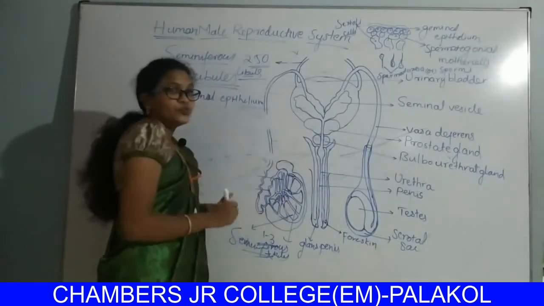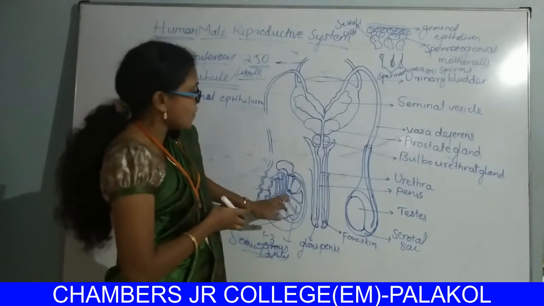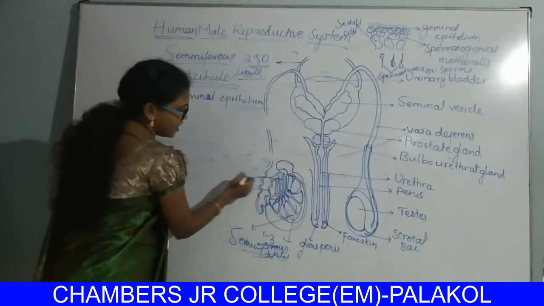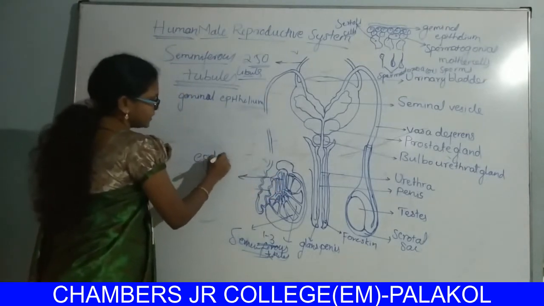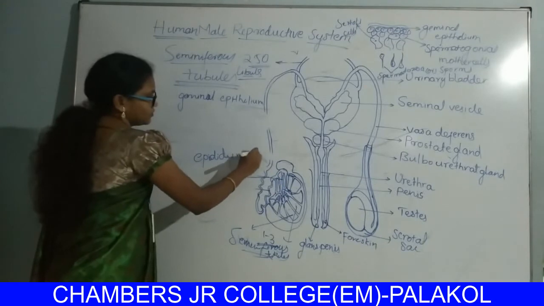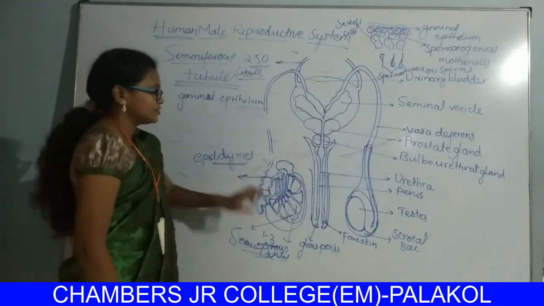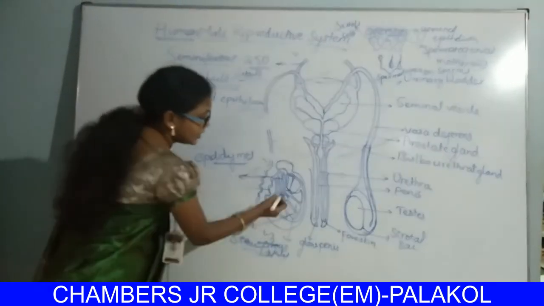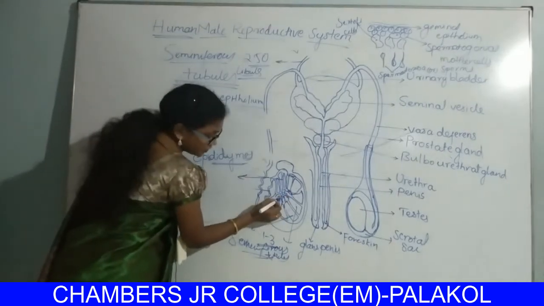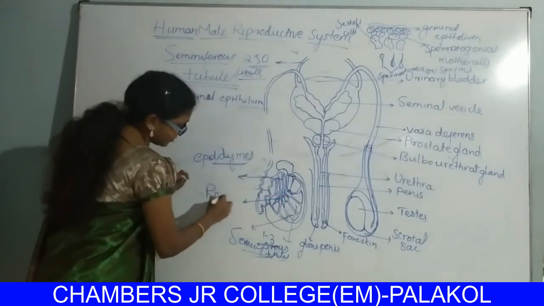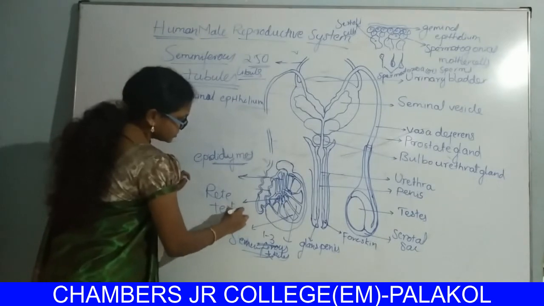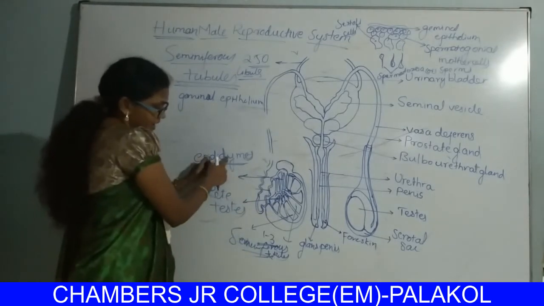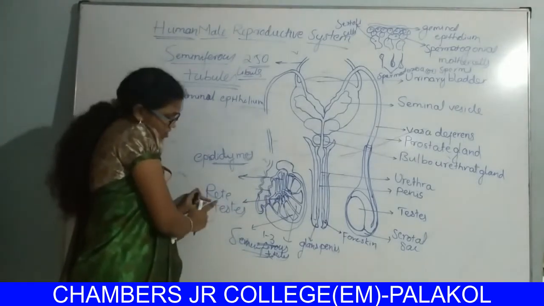These seminiferous tubules open into this part, known as the epididymis. So seminiferous tubules open into the epididymis through a network. This looks like a network, called the rete testis. So seminiferous tubules open into the epididymis through a network-like structure called the rete testis.